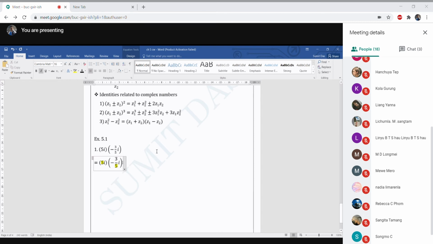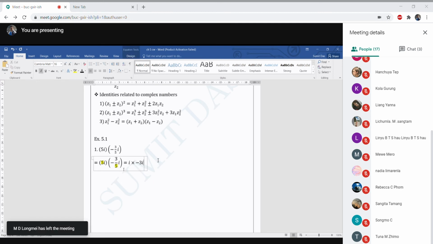So it will be i into minus 3i. Ultimately it will be minus 3i square, which is equal to minus 3 into minus 1, since i square means minus 1, which is equal to 3.